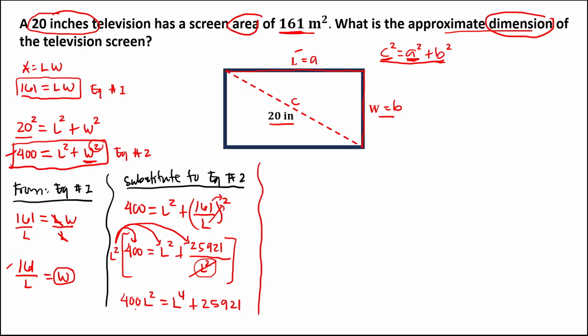Then we need to equate this equation to 0, arranging the terms starting from the highest exponent. So we need to transpose this 400L to the power 2 to the other side.